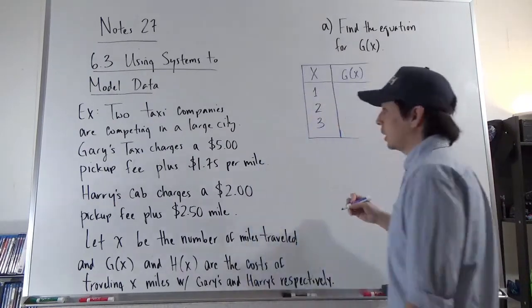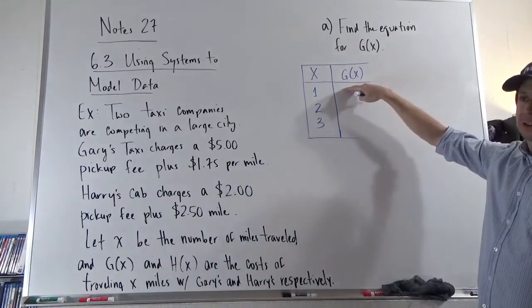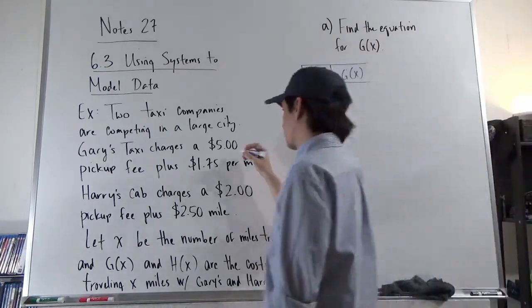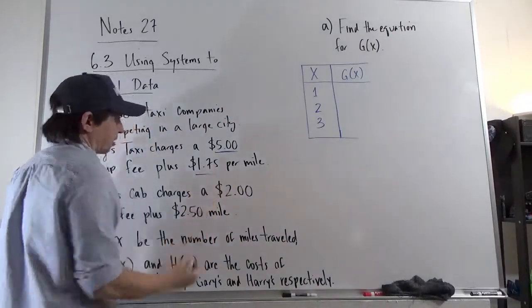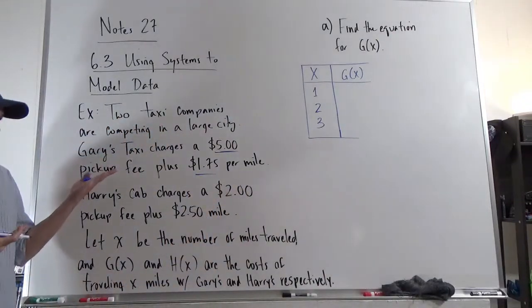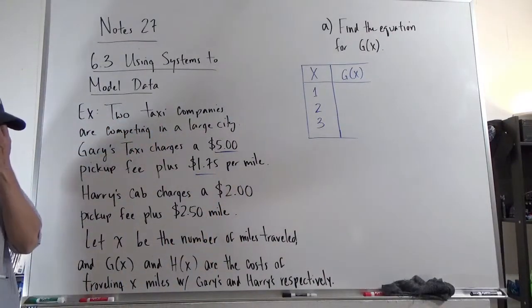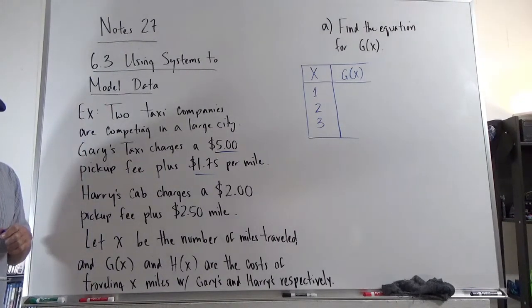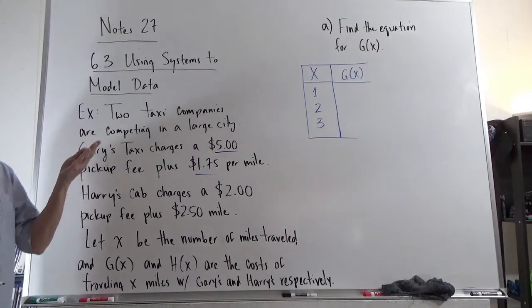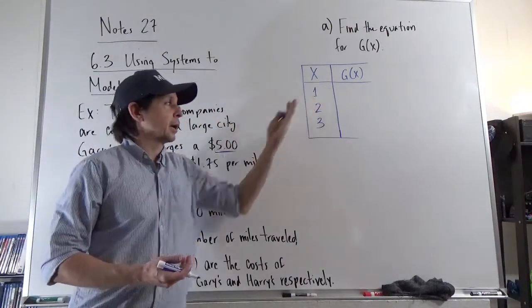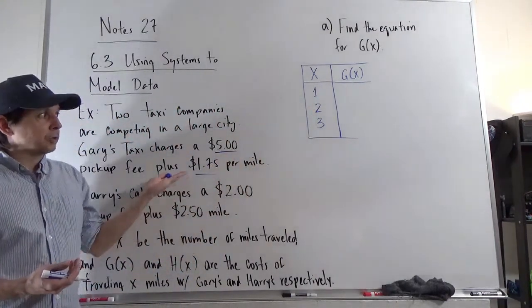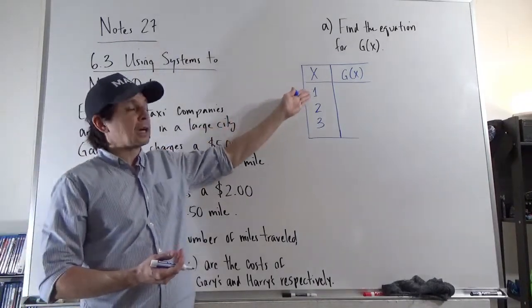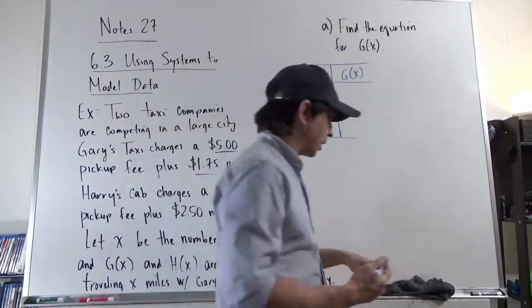I could do more, but the idea is, instead of plugging into a function that I don't know, I'm going to analyze this whole thing about the $5 pickup fee and $1.75 per mile, and using my understanding of this payment scheme, I'll figure out G of 1, the cost of traveling 1 mile with Gary's, the cost of traveling 2 miles with Gary's, and the cost of traveling 3 miles with Gary's. And then I can tell what I would do with these x's to get the final cost.